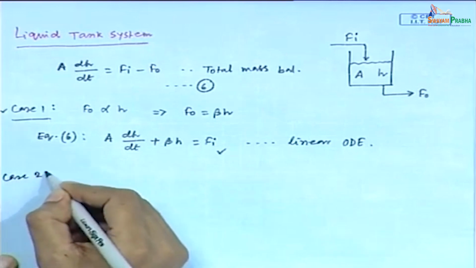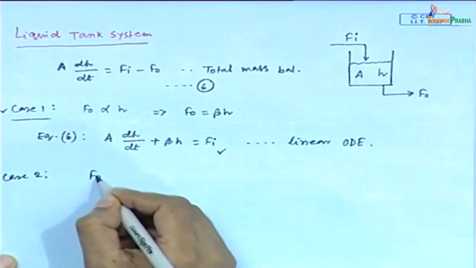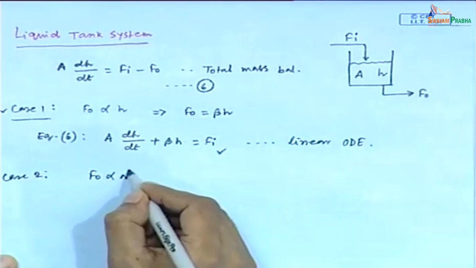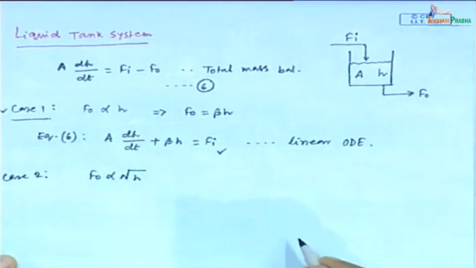In another case, we will consider F naught is proportional to root H. F naught is proportional to the square root of liquid height in the tank.